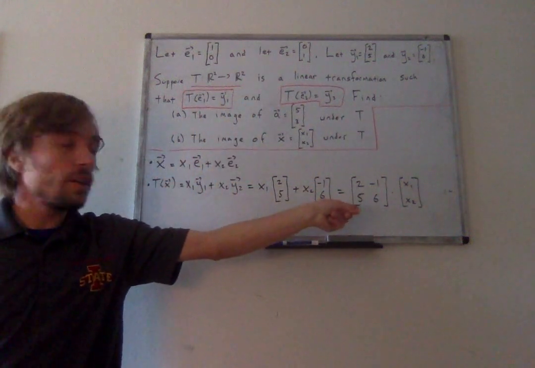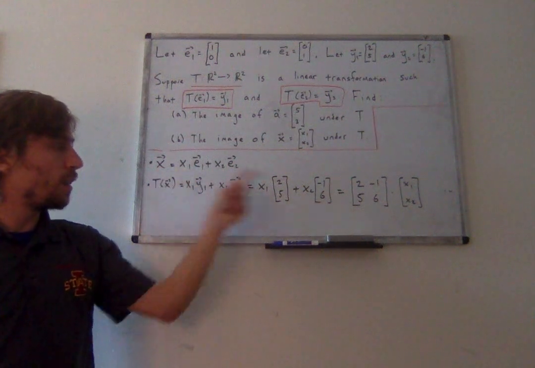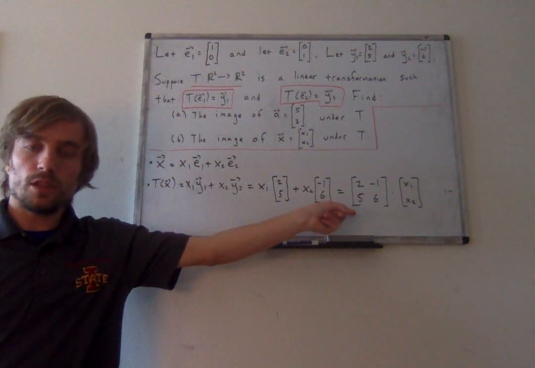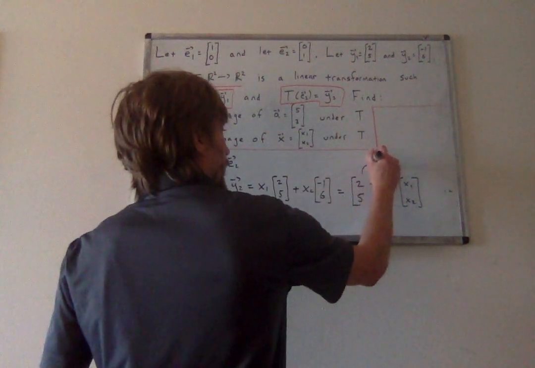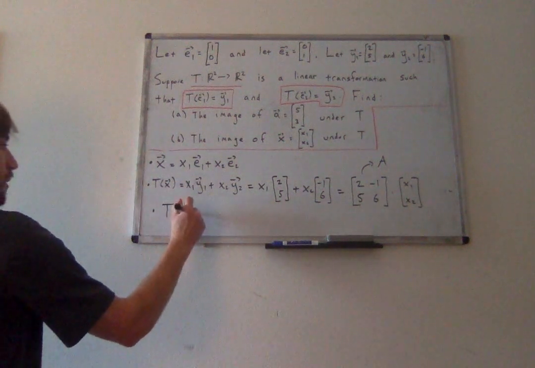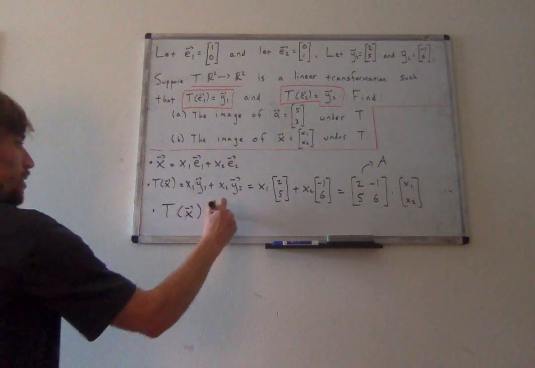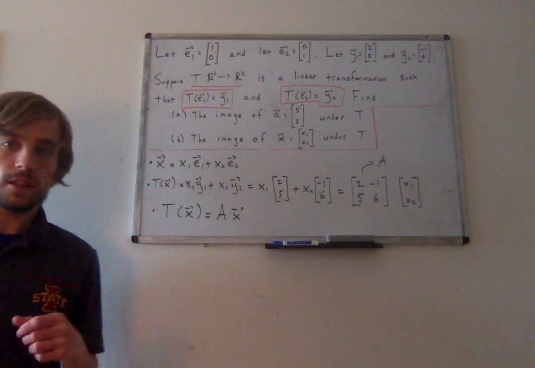But what I just showed here is that the image of every vector x can be found by this matrix vector product. And so if I let this matrix be A, then T of x is actually just equal to A times x for all vectors x.